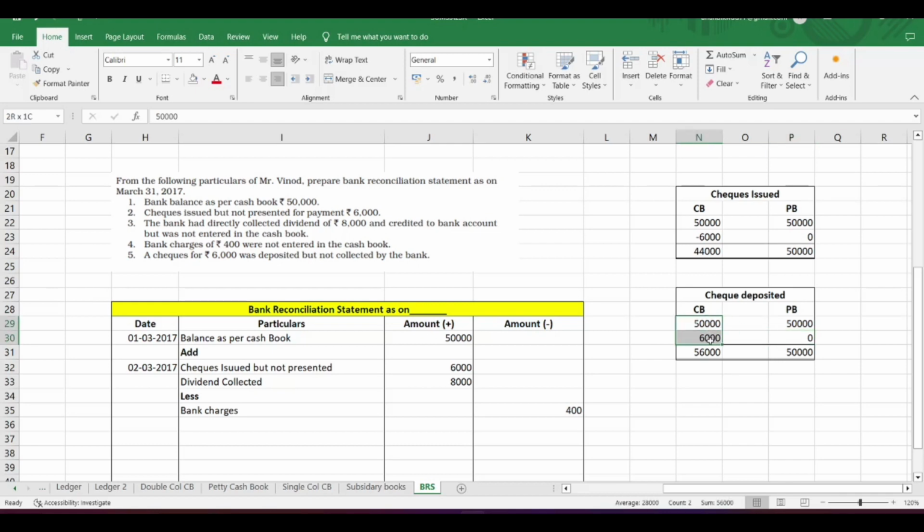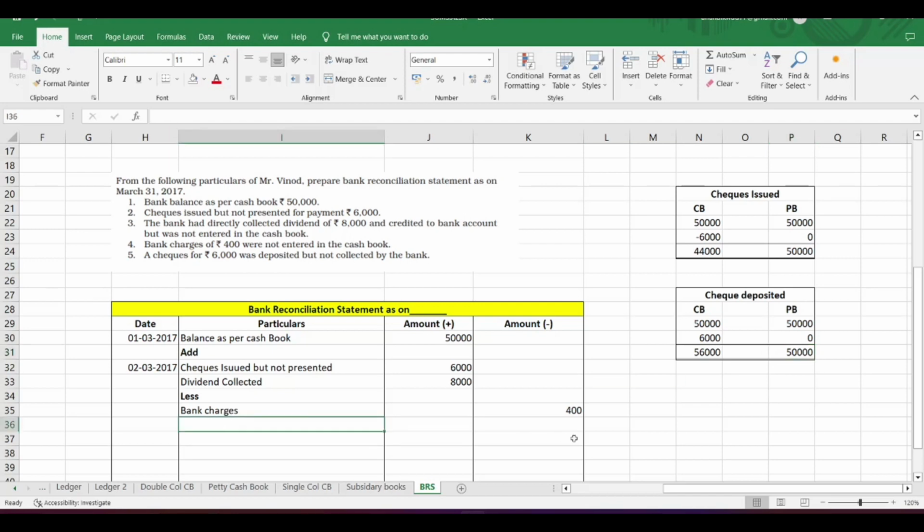So we have already added it and we got our balance of 56,000, but in the passbook there's no addition, the bank has not credited our account, because of which there's no transaction happening. So whatever we have added, we will deduct it.